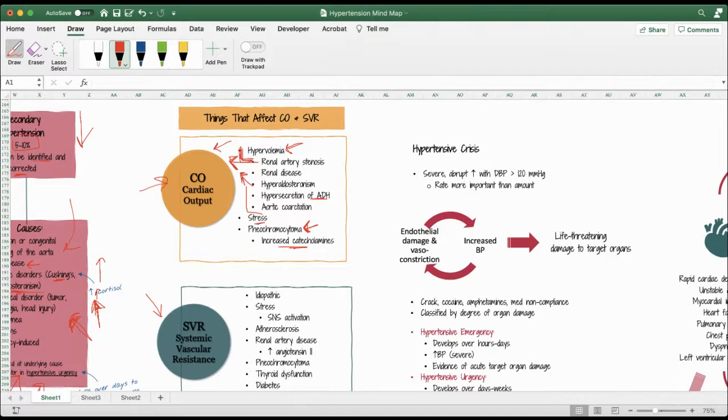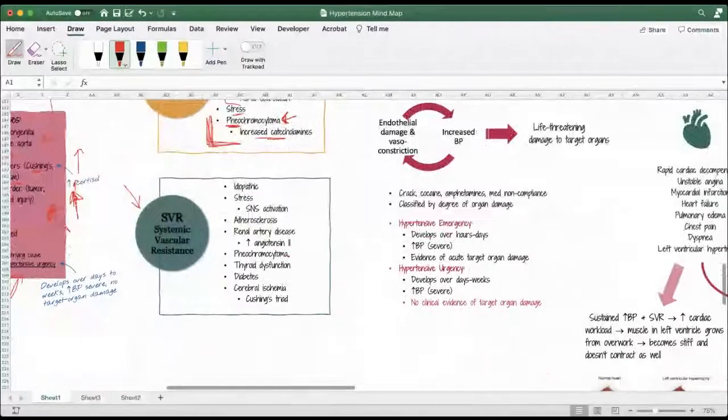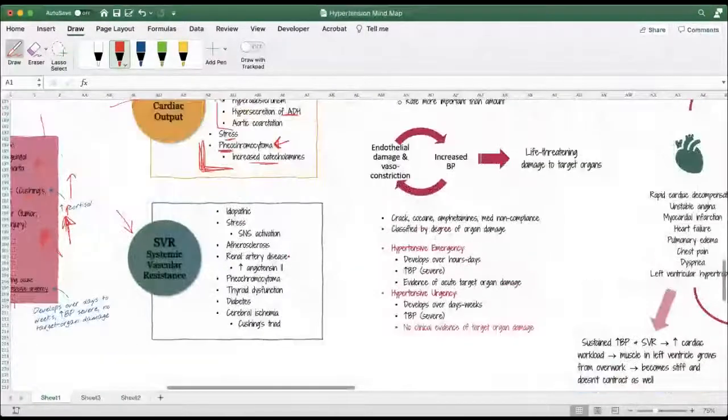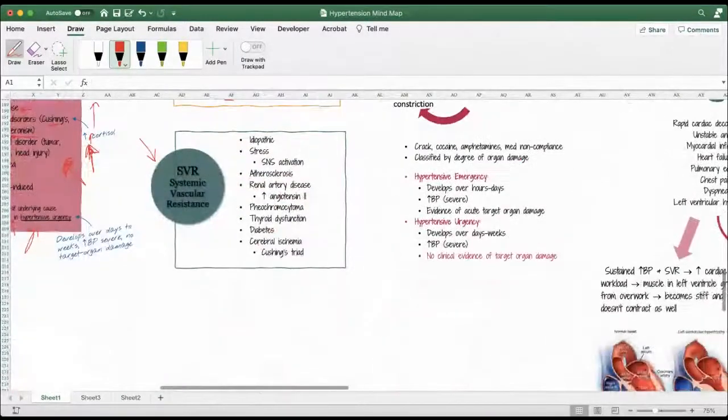You don't need to know that. Again, they're trying to give you ways to think through it. You guys will get really used to recognizing what's going to show up on a test and what isn't. But I wouldn't personally worry about pheochromocytoma at this point. Some of these other things you need to understand for sure.